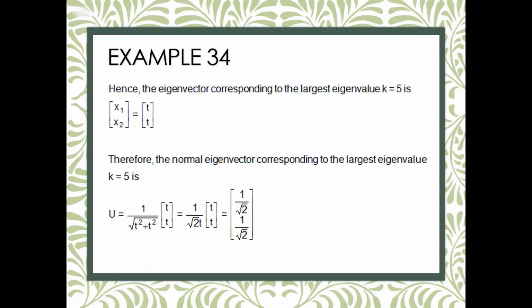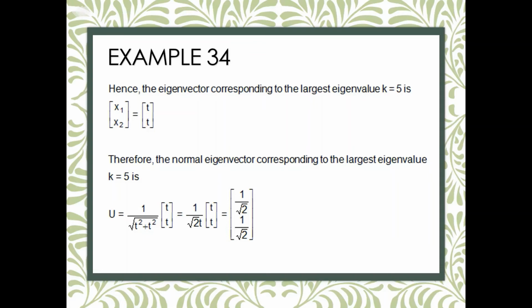Combine all the unknowns in matrix form, you should obtain the following answer for the eigenvector. In order to find the normal eigenvector, find the magnitude of x first, which is equal to the square root of t squared plus t squared. Simplify, you will get square root 2 multiplied with t.